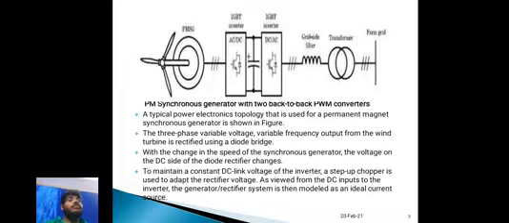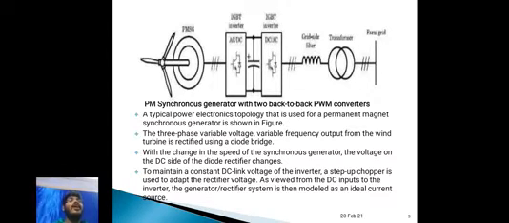In the PM synchronous generator with two back-to-back PWM converters, a typical power electronics topology used for the permanent magnet synchronous generator is shown in the figure. The three-phase, variable frequency voltage output from the wind turbine is rectified using the bridge diode. As the speed of the synchronous generator changes, the voltage on the DC side of the rectifier changes.